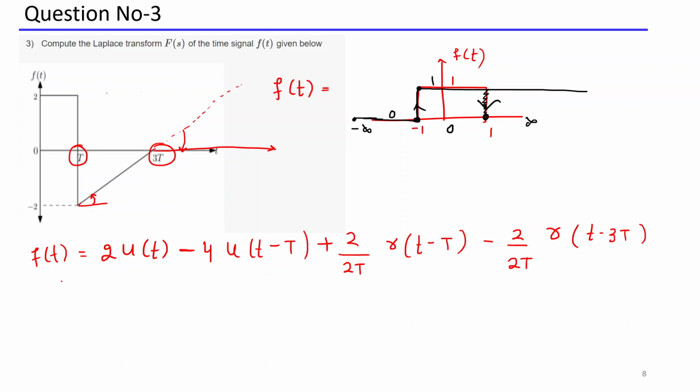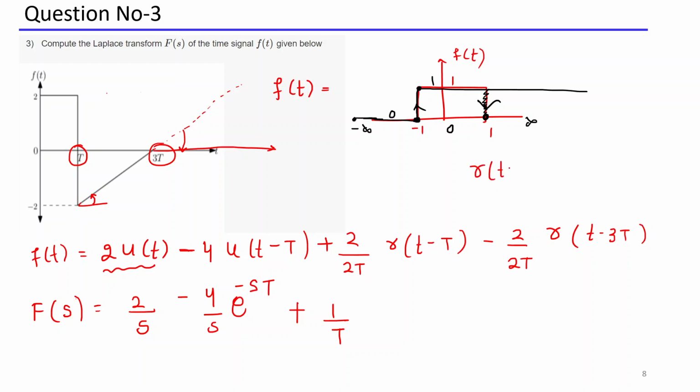Now tell me what is the Laplace transformation, because in the question we are asked to find F of s. So what is the Laplace transformation of this one? The Laplace transformation of u of t is 1 by s, into e to the power minus st, so this will be 1 by t. What is the Laplace transformation of r of t minus t?